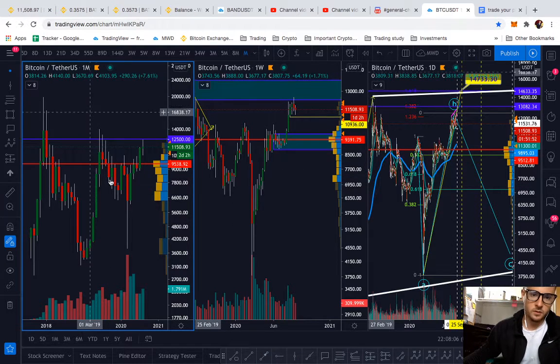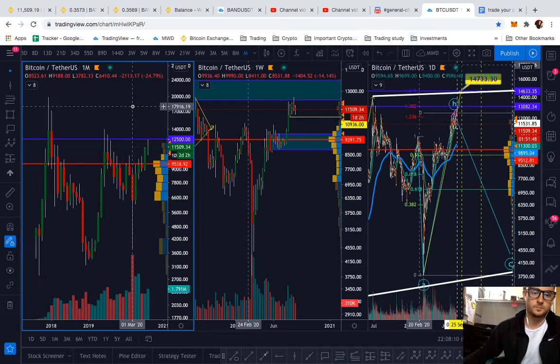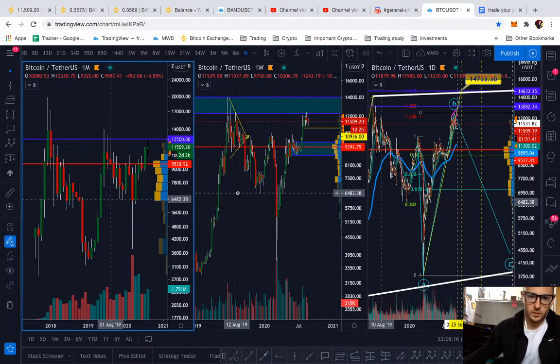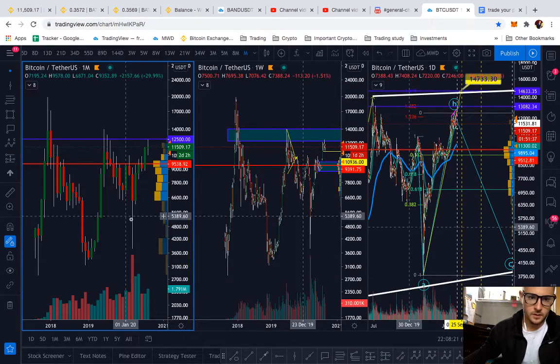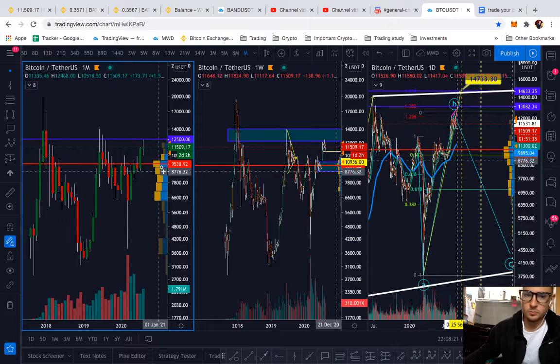So start off with the monthly, guys. We have 2 days and 2 hours to close it. For the weekly chart, we have some ranges that I've been watching, and also including the volume profile.